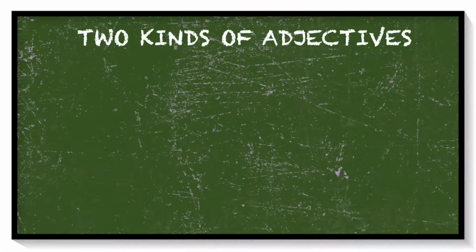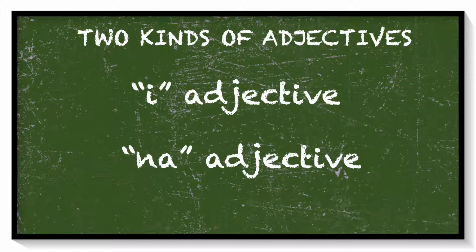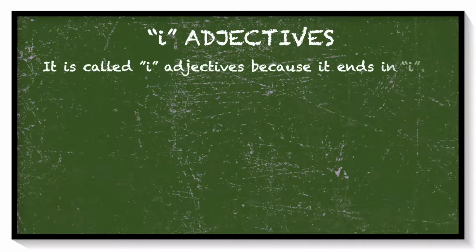In Japanese language, there are two kinds of adjectives: the regular adjectives, or the i adjectives, and the irregular adjectives, or the na adjectives. Let's talk about i adjectives first. It is called i adjectives because it ends in i.